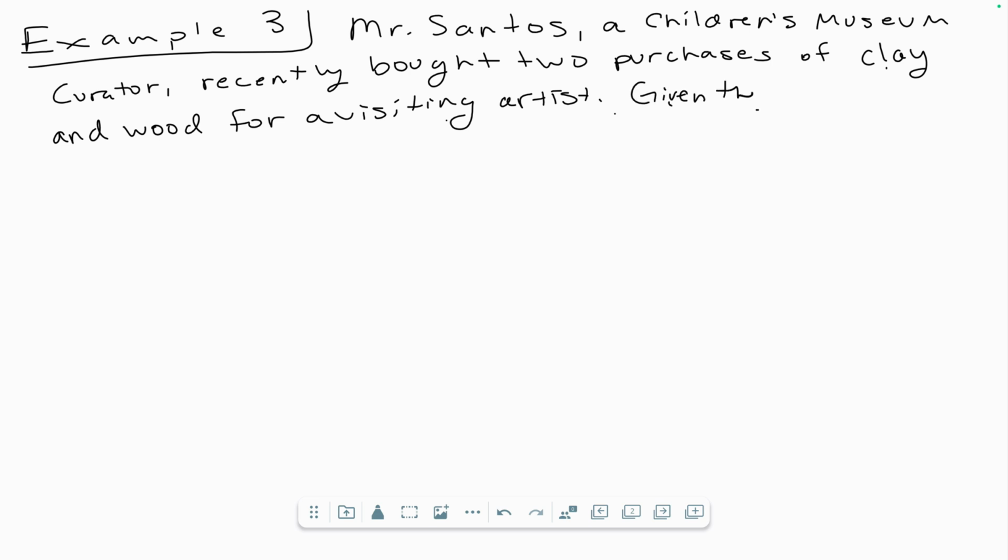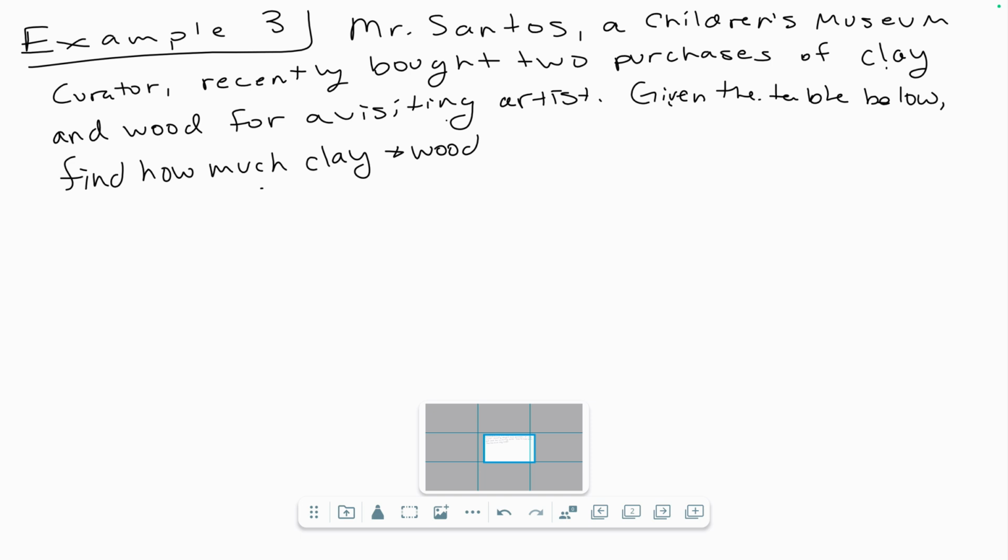Given the table below, find how much clay and wood costs.